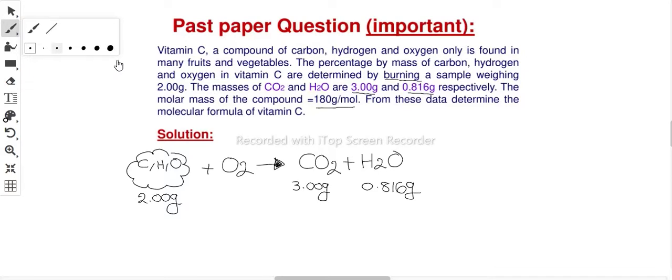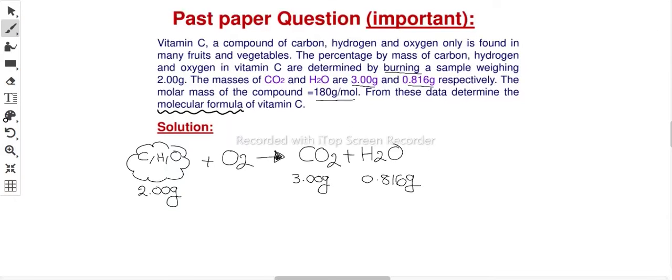In order to determine the molecular formula for any compound, we need firstly to start with the empirical formula. But of course, here I have an idea. In our previous lesson, we learned together that we can calculate the empirical formula if the percentages by mass of each carbon, hydrogen, and oxygen are given in the question in a direct way.